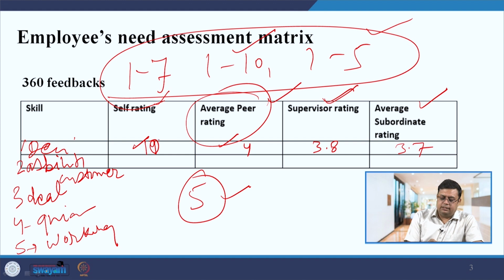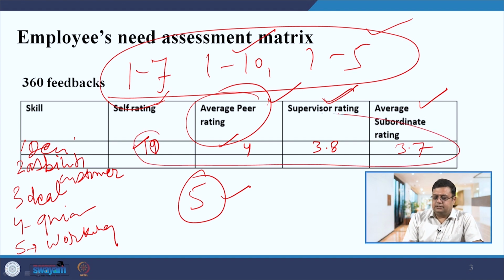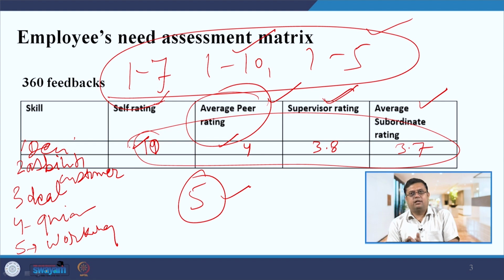In this case you need to do the analysis. Most of the people are saying this person is below average for this particular skill, so you need to identify why this problem is there. If you remember, in the previous session we discussed low confidence error and high confidence error.